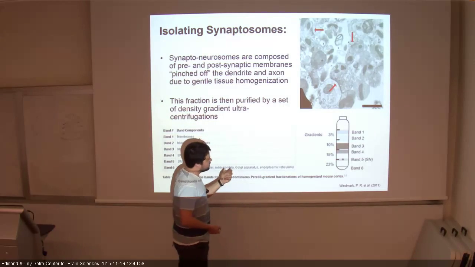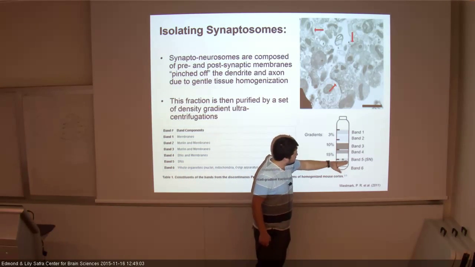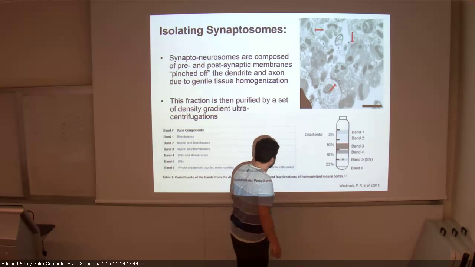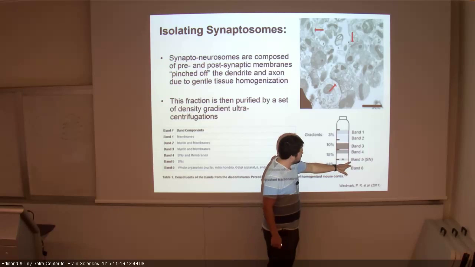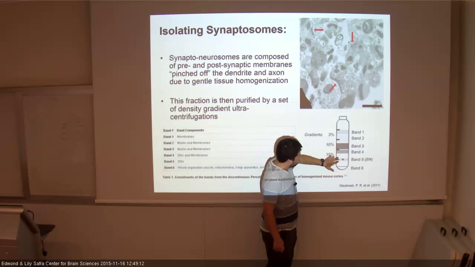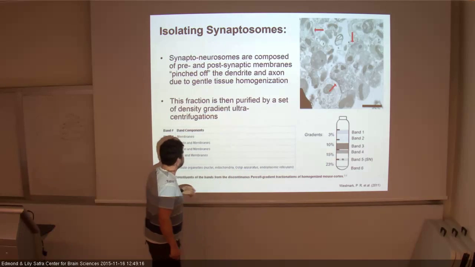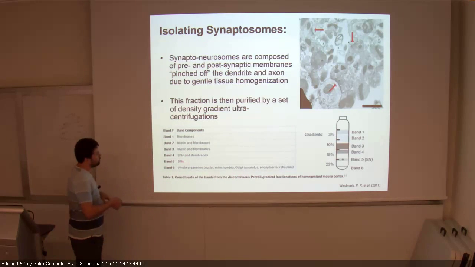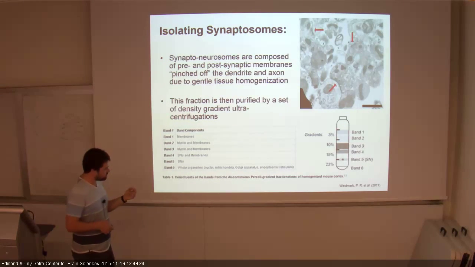This is exactly the same technique as I'm showing you here, that you form these layers of density. This time it's not with sucrose, but a different material, but it doesn't really matter. And according to the density, you can isolate an area where you just have synaptosomes. You can also isolate pure synaptosomes, or synaptosomes with membrane, or synaptosomes with myelin wrapped around them, and so on and so forth.